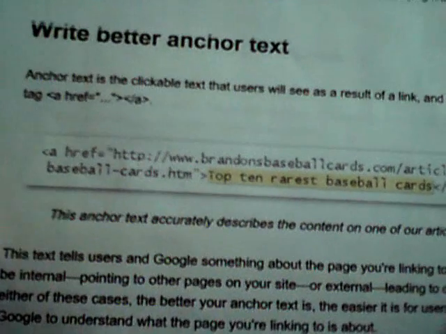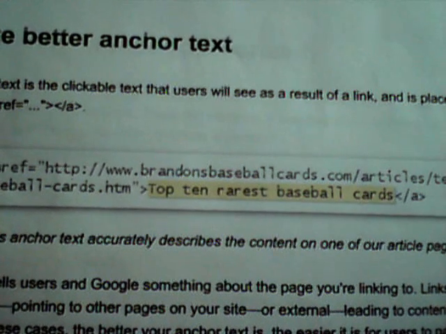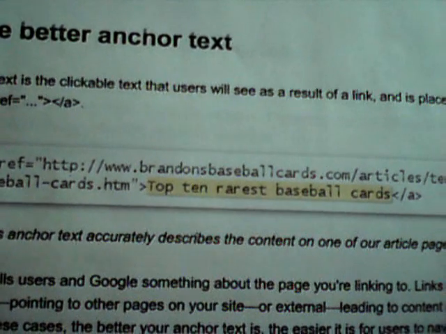Sorry about that, guys. I had a cough. Okay, and in the example they show here, I don't know if we're going to be able to really catch this or not, but what they're talking about is the top 10 rarest baseball cards, okay?